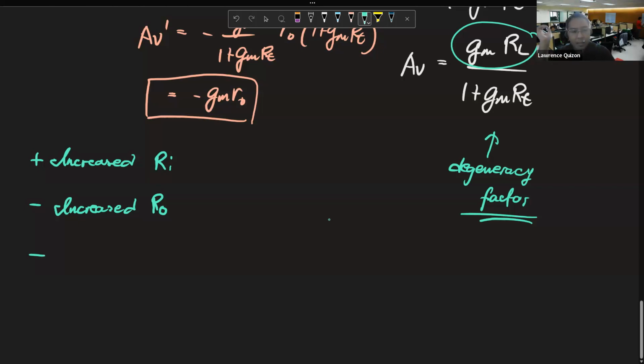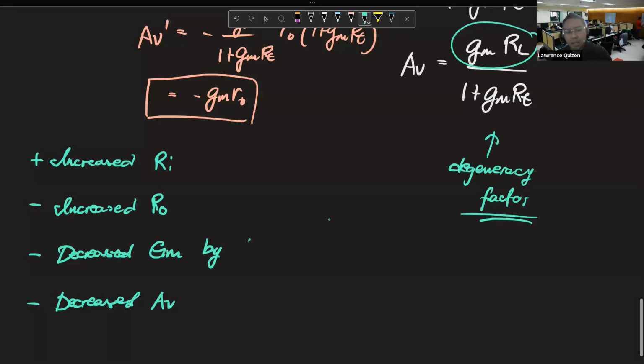Also bad is decreased transconductance, no? Because that's your current to voltage gain or voltage to current gain, di ba? That's still a gain. That's still an amplifier property. And now, the saddest thing of all, no, is also decreased voltage gain, no?